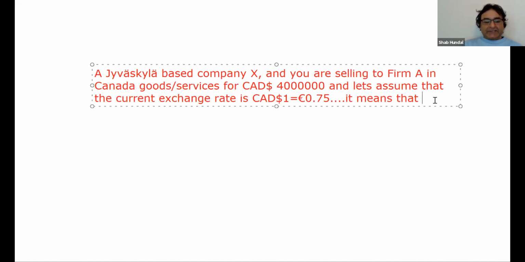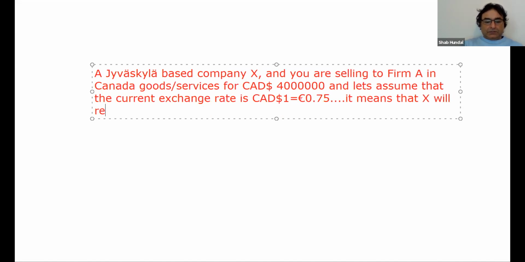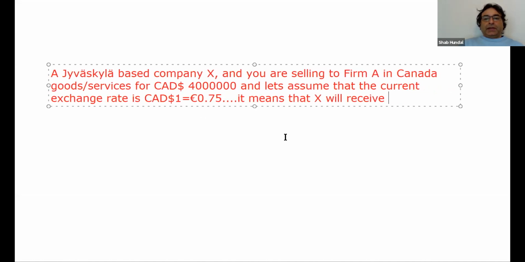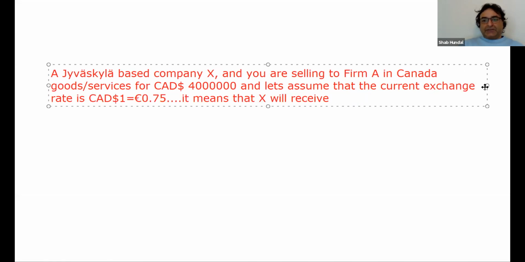It means that X will receive, please somebody help me in the multiplication. If you are getting 4 million Canadian dollars, and for each Canadian dollar in the home currency, that is euro, you get 75 cents, how many millions will you get in euros?